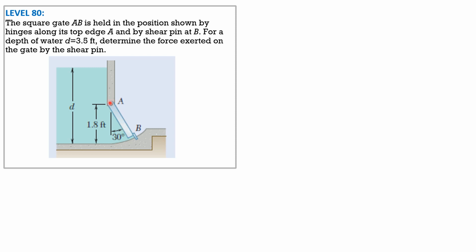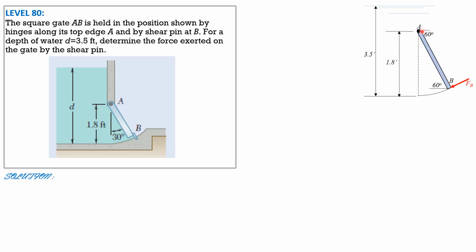So therefore, if it is 1.8 high, perpendicular to the board is 1.8 feet also. So 3.5 minus 1.8 is 1.7.